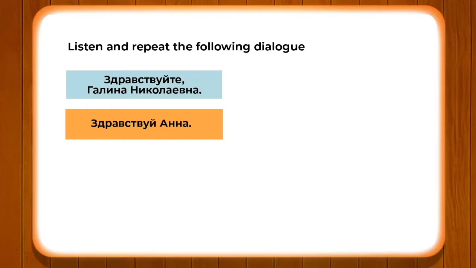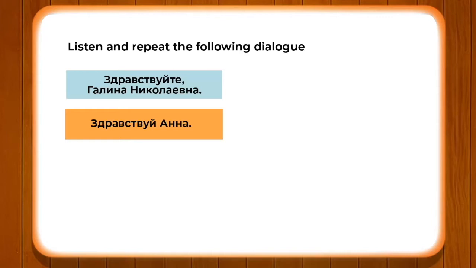So this is a very normal thing in Russian. Wherever two people are talking, if the other person is senior to you, you would say Здравствуйте, and then the senior person has the option to say either здравствуйте or здравствуй.